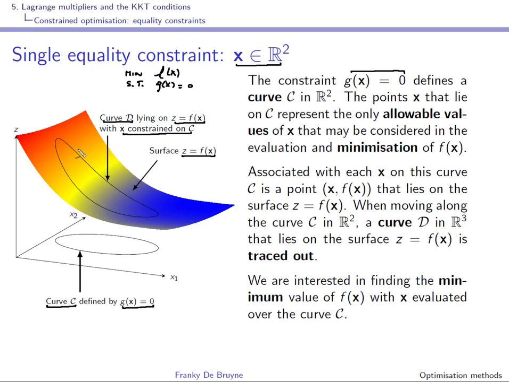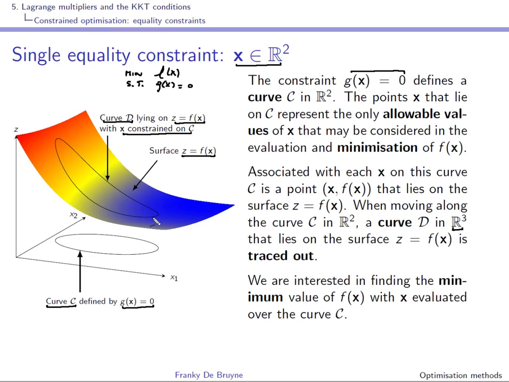And this curve D, of course, is defined in R cube, so it's a three-dimensional curve, right? And of course, we are interested in finding the minimum of f of x with x constrained on this curve. So this means that we are looking for the minimum value on this curve D.